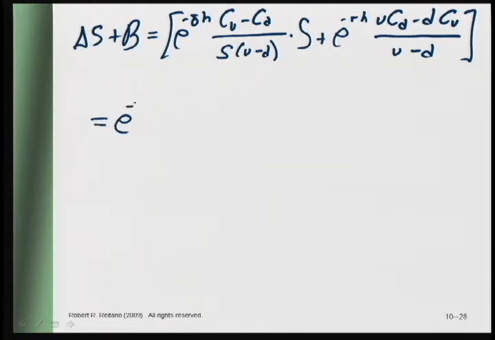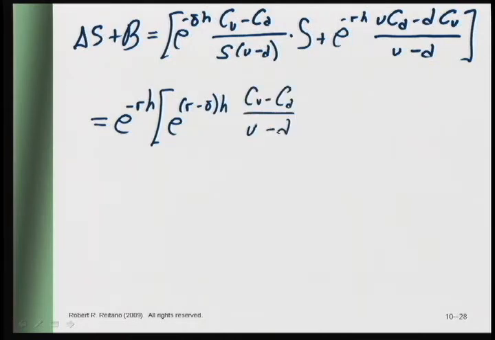We'll factor out a present value term, and we get e to the R minus delta H, CU minus CD over U minus D. And then we have the other term, which is U CD minus D CU.